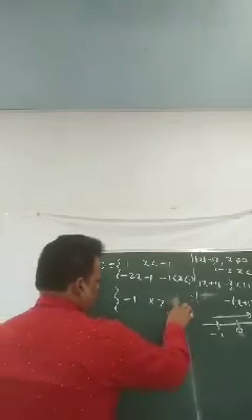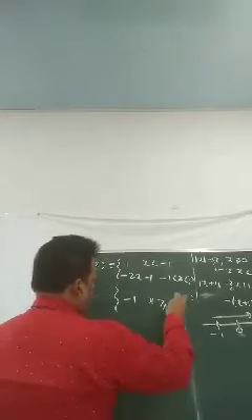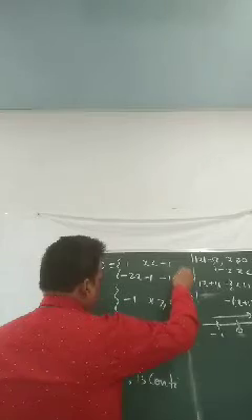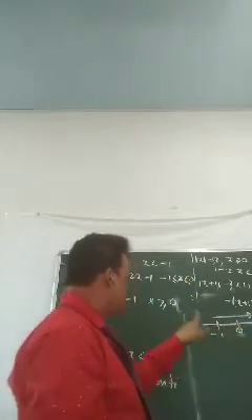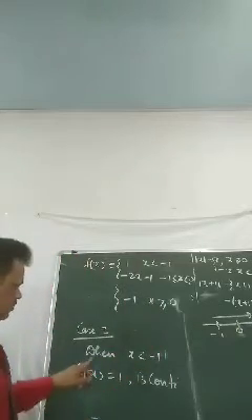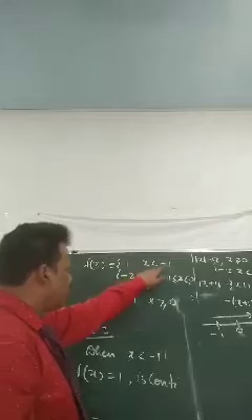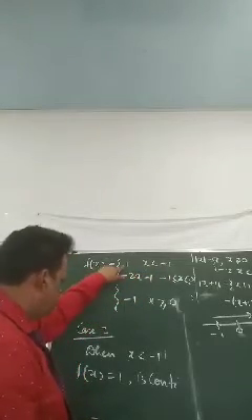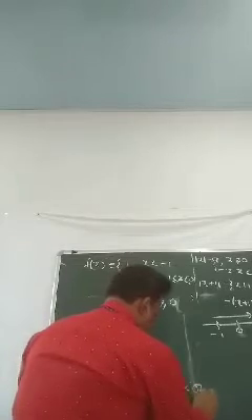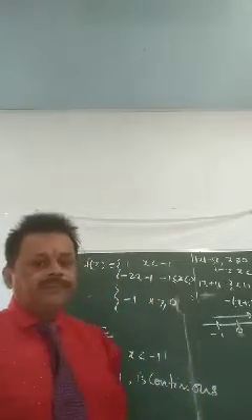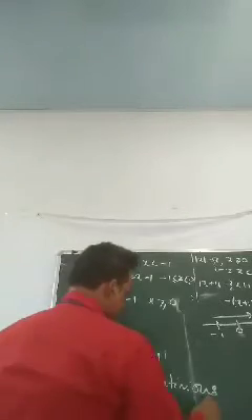There is a mistake here. This is greater than 0. Equality here you can take, because x greater than 0 we have taken here. So when x is smaller than -1, your f(x) is 1. So it is continuous. Why continuous? Because it is a constant function.